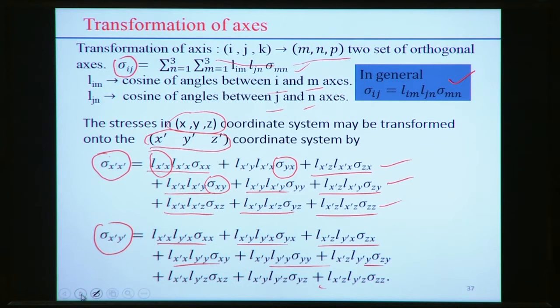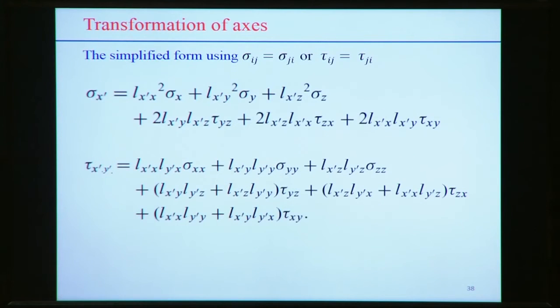Now we can further simplify this expression by looking into the symmetric nature of the stress tensor, where sigma ij equals sigma ji. With this symmetric nature we can further modify this, that means sigma x dot and so on.